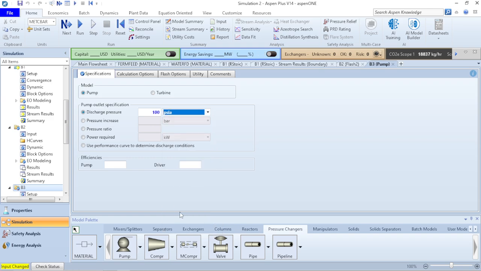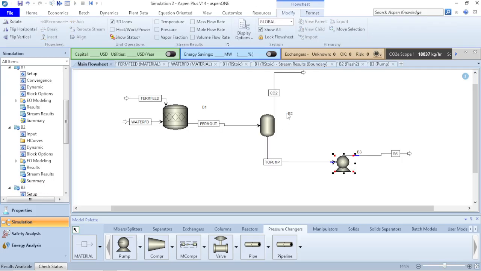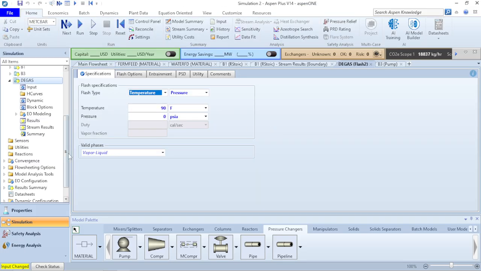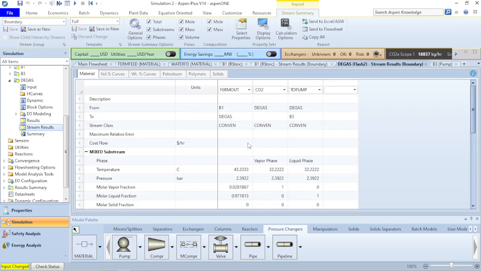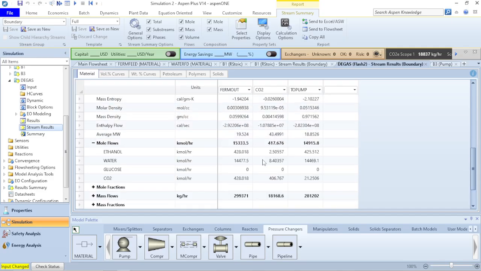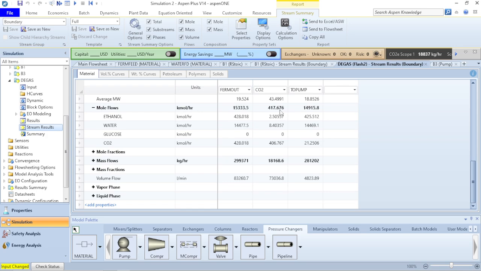Okay, so after doing this, all I just need to do is to come here and run the system. So we're going to be checking our degasser to see how the CO2 was being separated. So let's go back there and change this to degasser. Alright, so on that stream results, let's see what we have here. Let me just quickly check the mole flow. I can check the mass flow as well, depending on what I'm looking at.